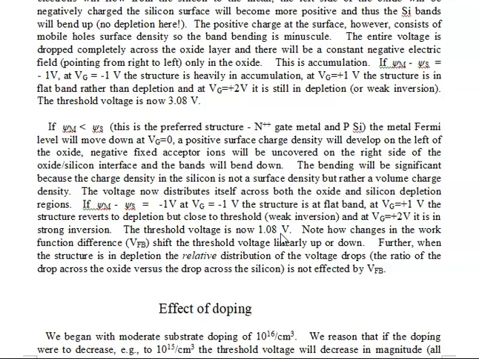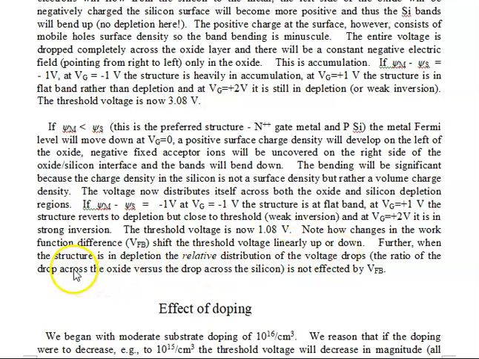We're going to examine this. A threshold voltage of just over a volt or so is not too high, not too low. It's kind of in the middle. And the important thing is that the work function difference, the flat band voltage, shifts the threshold up or down.